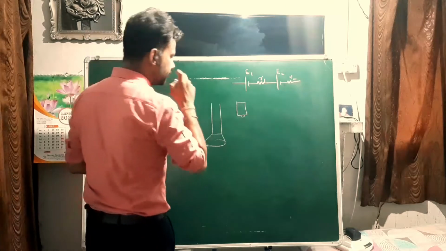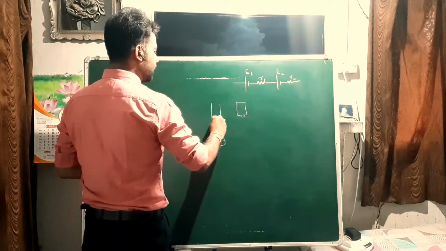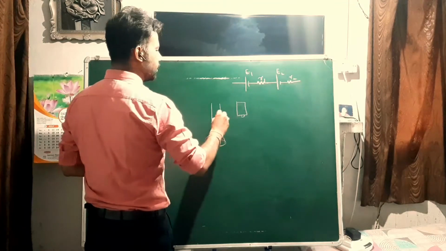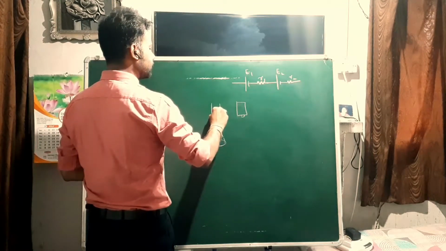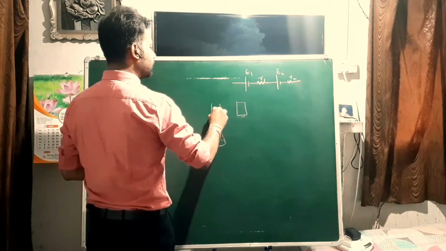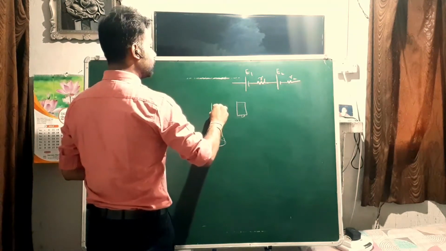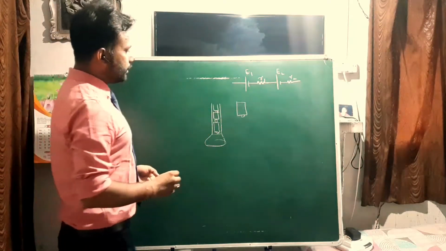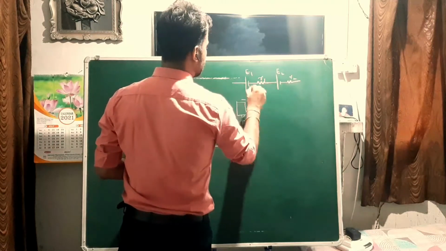We take the cell and put it inside like this, and another cell like this, and another cell like this. This part of the cell is positive and this part of the cell is negative.